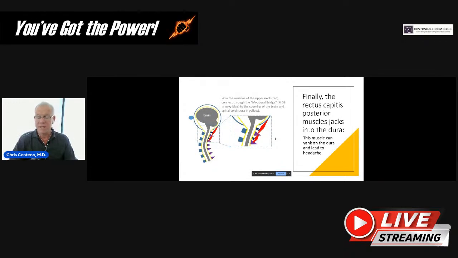So this is one mechanism for dural headaches when the suboccipital muscles get very, very tight. Literally, this pulls on the dura. Now, what's the function of having this muscle jacked into the dura? It's believed that it helps to get rid of dural infolding as you bring your head back.